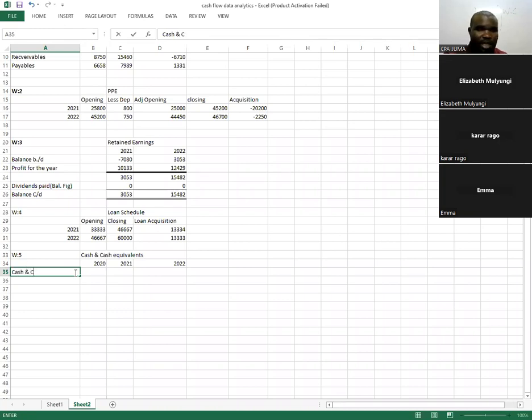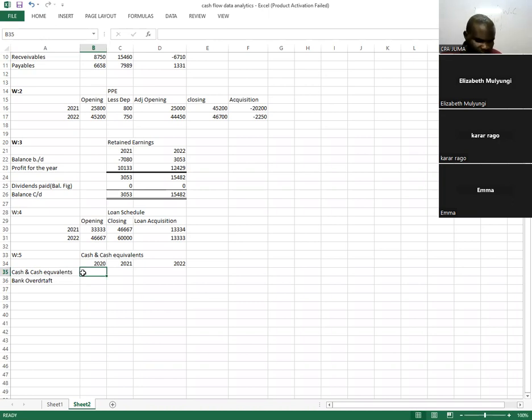Equivalents, also in our village, that H is not there. Cash and cash equivalents. Then there was bank overdraft. I saw it somewhere. Bank overdraft is also a negative cash equivalent.